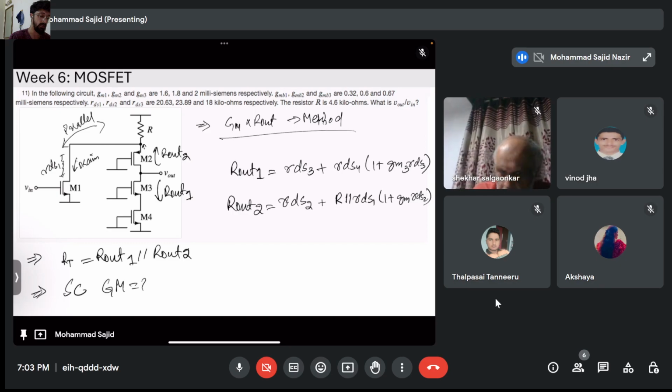So when I use the short circuit GM, I will just attach a ground to V out, and I will be left with the following circuit. Correct?